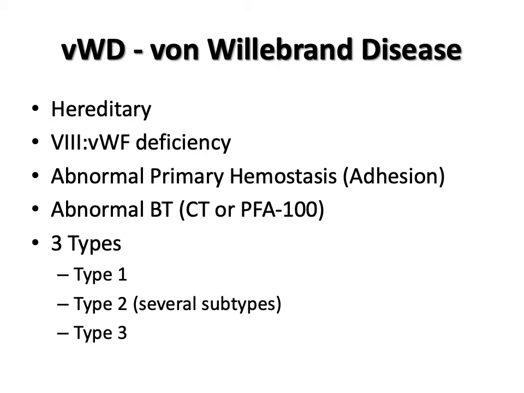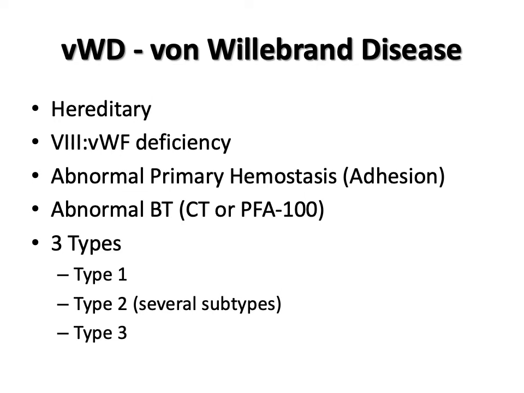Von Willebrand disease is a hereditary condition that affects primary hemostasis, or platelet adhesion, and thus patients will exhibit abnormally prolonged bleeding times. There are 3 types of von Willebrand disease. The most common is type 1, which is a deficiency of von Willebrand factor.